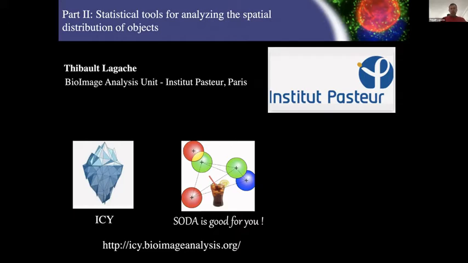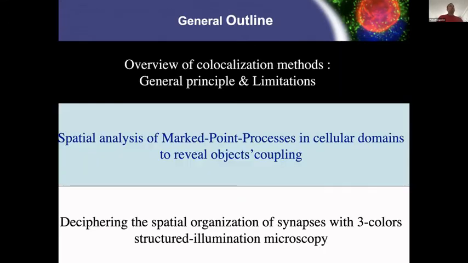I will just give a general outline to explain where we are going, from a colocalization problem to a point process and a spatial analysis problem. Then there will be a second part specifically dedicated to this spatial analysis of marked point processes.